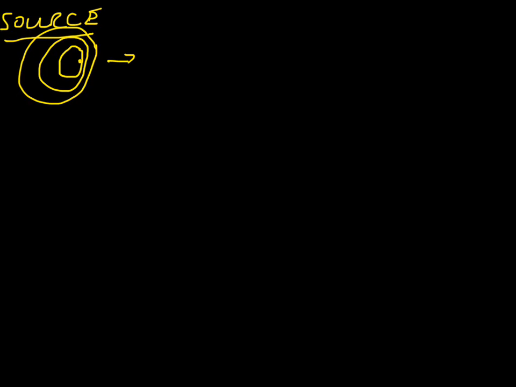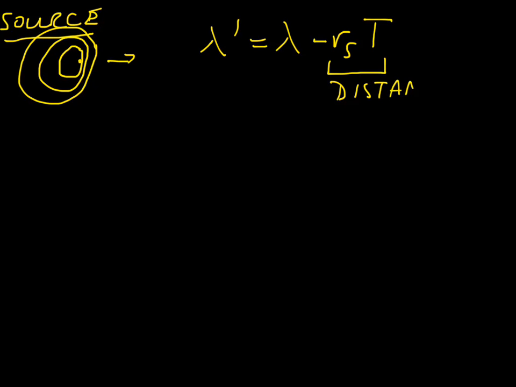So the observed wavelength changes. So lambda prime is given by the original wavelength, and now it decreases if the source is moving towards the observer. So we have to subtract something off that, and what we subtract off is the velocity of the source multiplied by the period, that's capital T. And this little formula here, VST, is the distance travelled in one cycle of the waves.